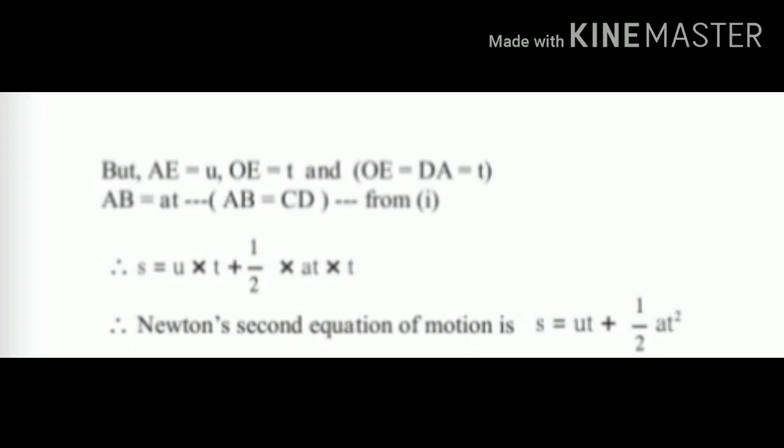Therefore, s is equal to u into t plus half into at into t. Therefore, s is equal to ut plus half at square. This is Newton's second equation of motion and it gives a relation between the displacement and time.